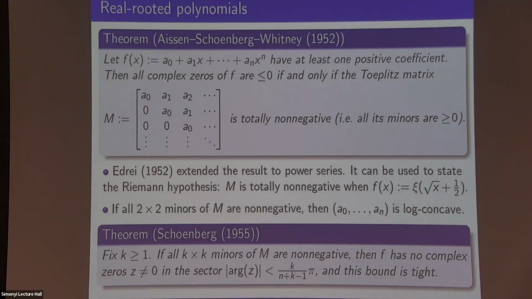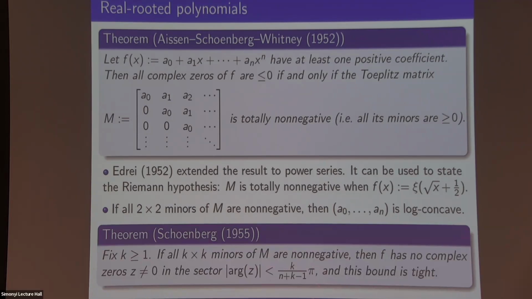Another question you might ask is, we have an infinite matrix here, but do I need to actually check infinitely many minors for this theorem? And it turns out that actually you do. And Schoenberg has this beautiful result which proves one direction of the theorem, which says that if we fix K and all we know is that the K by K minors are non-negative, then all that tells us is that F is non-zero in some sector, which is symmetric around the positive real axis.